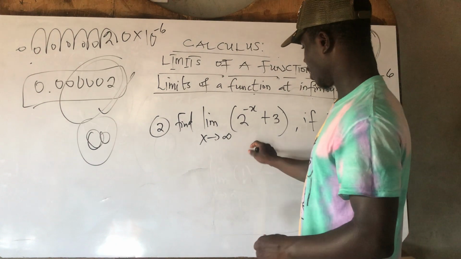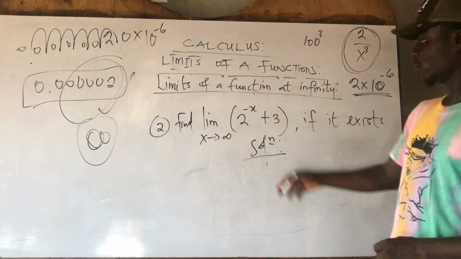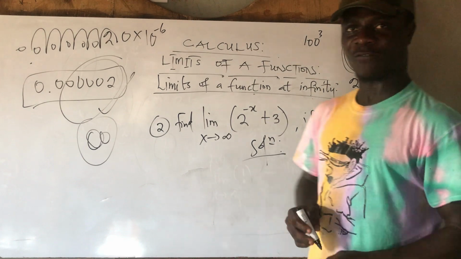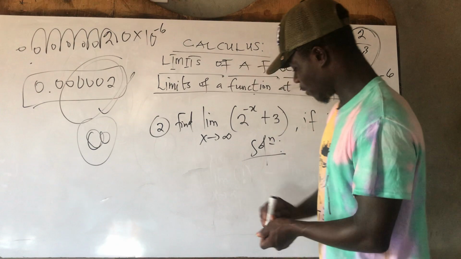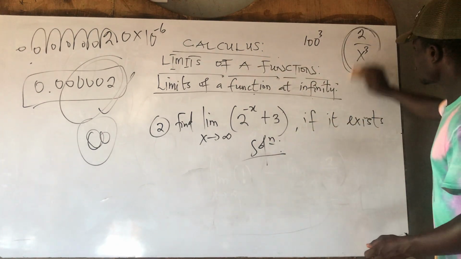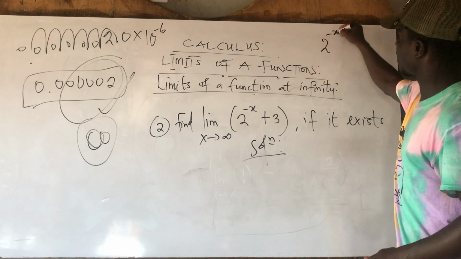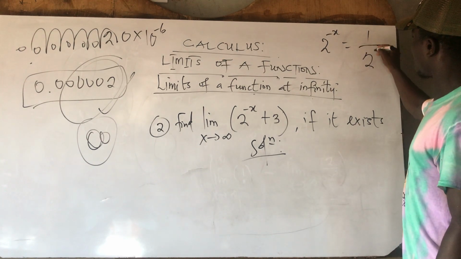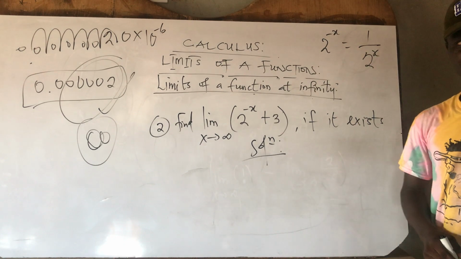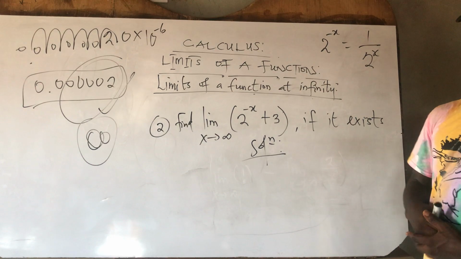Now, solution here. We can do something to the function here. We have 2 to the power negative x, which is the same thing as 1 on 2 to the power x, right? That's the inverse.